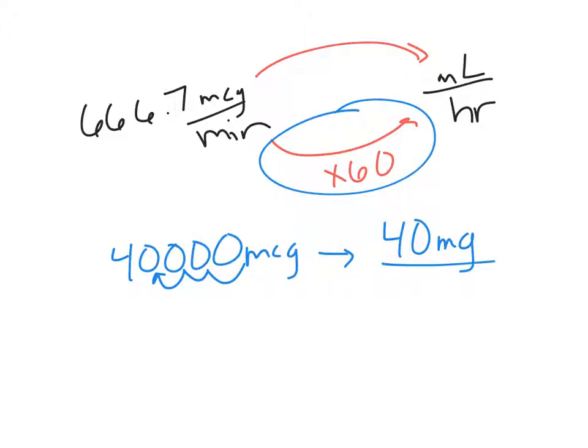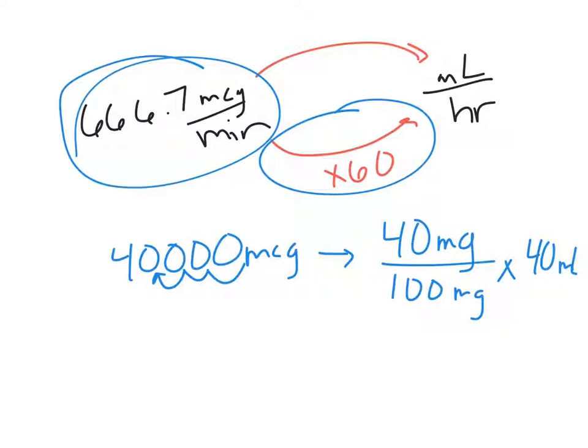So plugging that into the dosage calculation, 100 milligrams per 40 milliliters, 40 divided by 100 times 40 very much is 16. So to me, 666.7 looks like a high number, but it's probably because it's not per kilogram per minute. It's simply just asking for the stabilizing dose in just milligrams per minute.